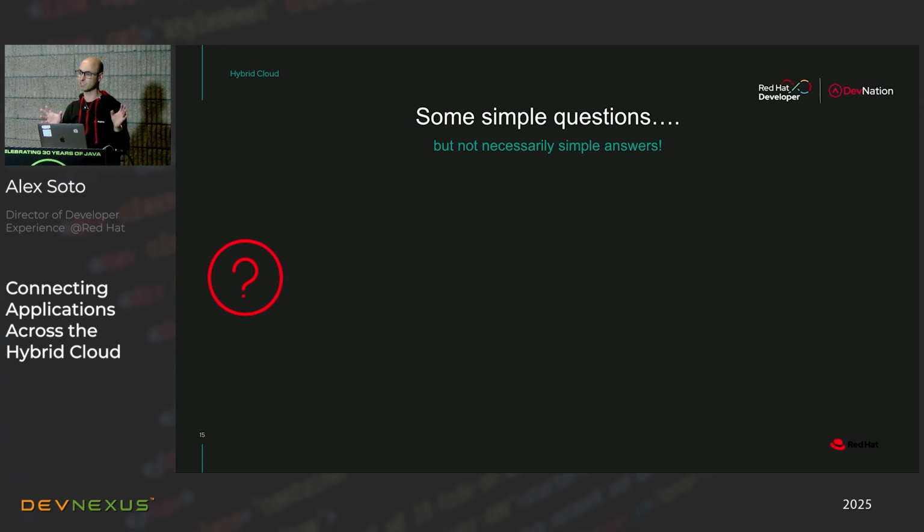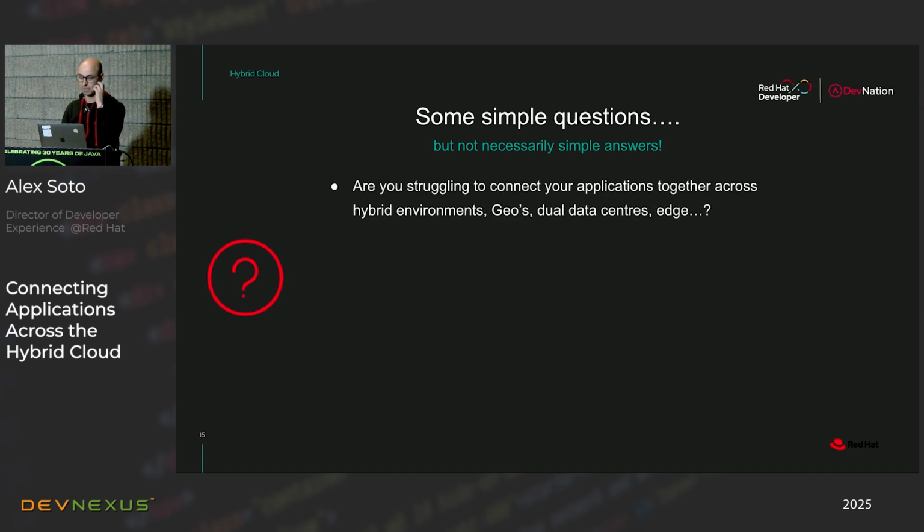Then, simple questions about this kind of applications, but maybe the answers are not that simple. First of all, are you struggling to connect your applications together across hybrid environments?